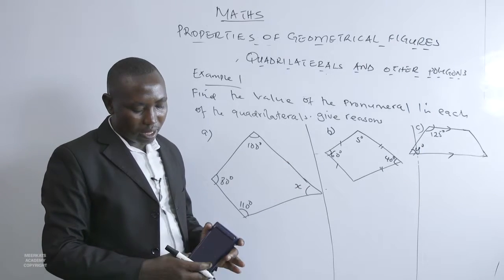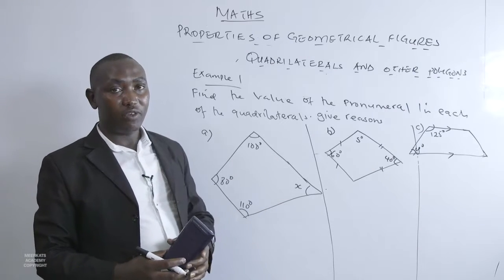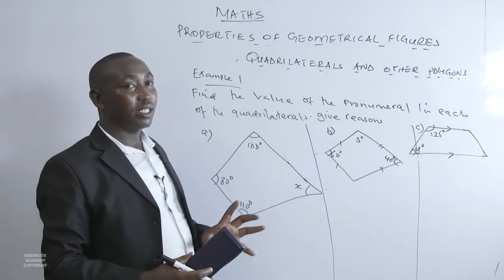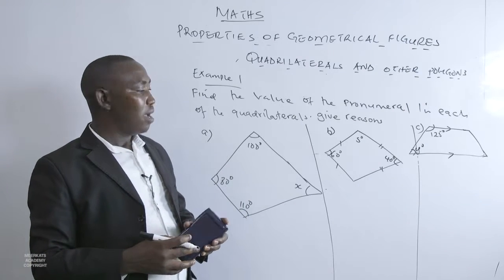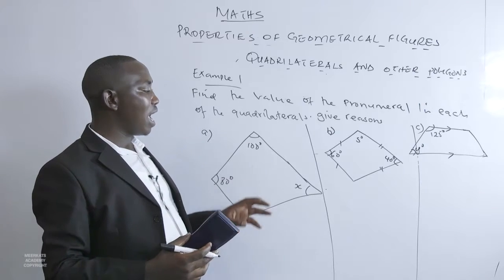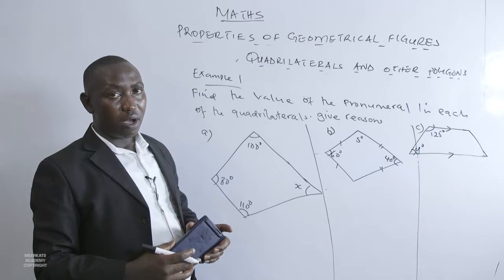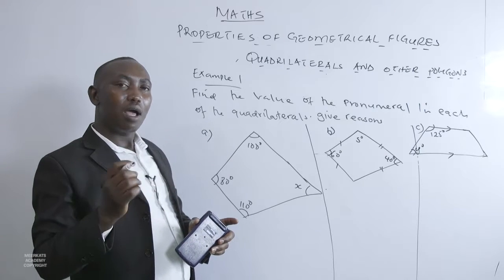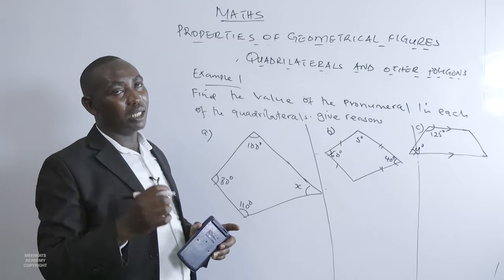First, when we look at the first figure, this is a quadrilateral, meaning it has got 4 sides. And we have been given 3 angles, one of them is X. Can you try to recall what the sum of interior angles of a quadrilateral is?